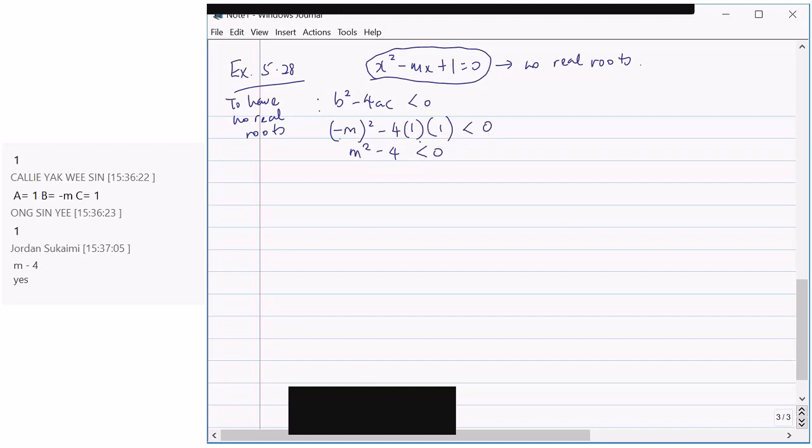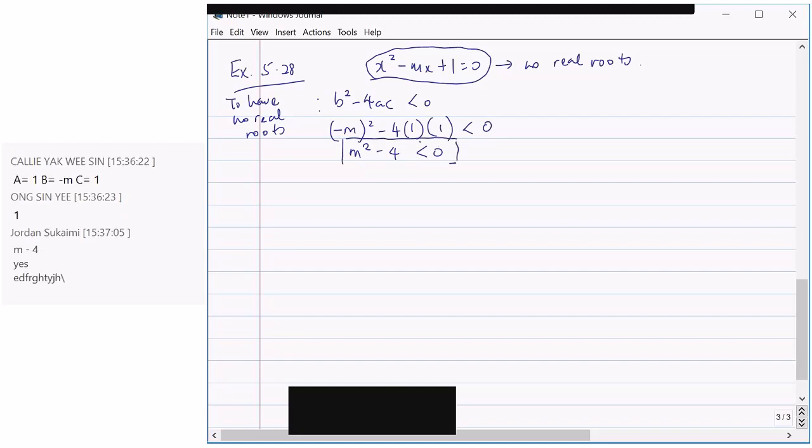Now, if you look at this, this looks deceptively easy to solve, but actually it's not so straightforward. This is again a quadratic inequality in terms of M. Do you agree? Why quadratic?